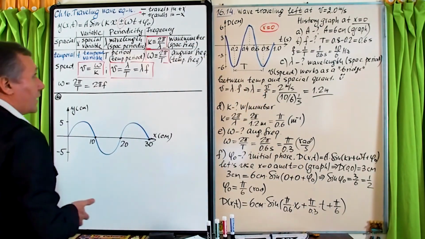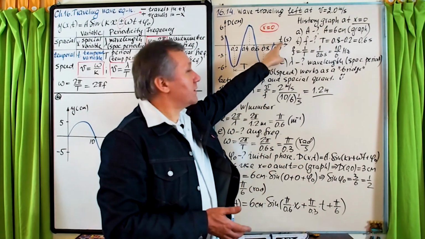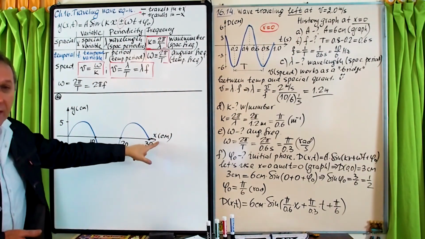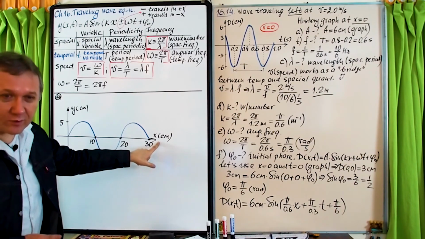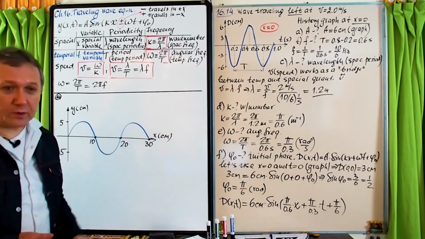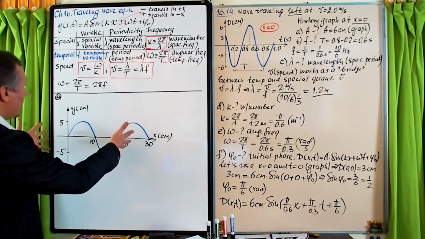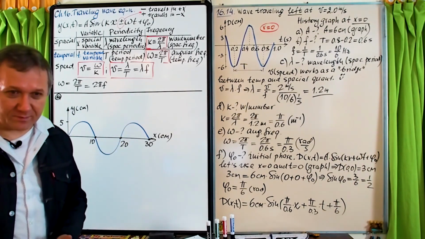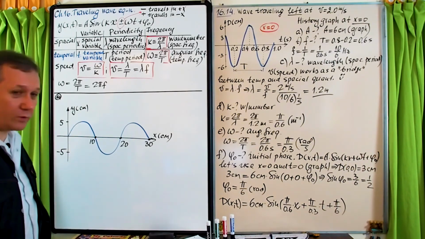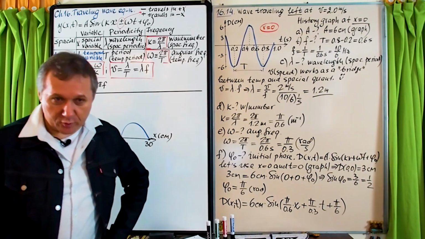But now, instead of time along the horizontal axis, we have x, the direction of propagation. So now time is frozen, and this type of graph is called a snapshot graph.